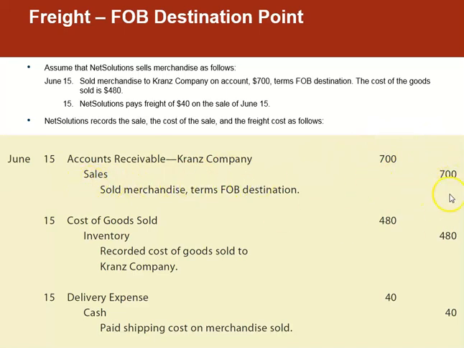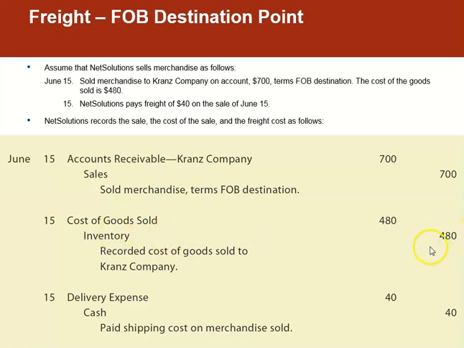This credit here would be the same whether we set up an account receivable or whether we received cash. But we also have to expense the amount of inventory that we no longer have, and so we're going to debit cost of goods sold for this $480 cost. That's our debit. And then inventory went down by $480, so it's left the building. So the asset inventory goes down by $480. We do that with a credit.